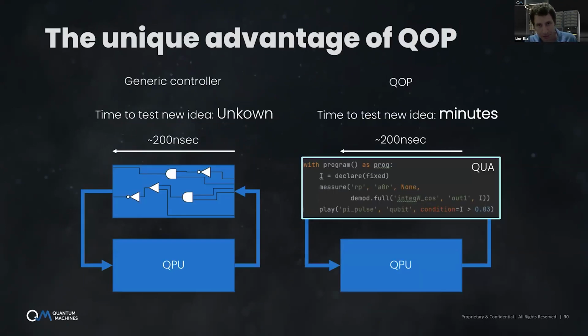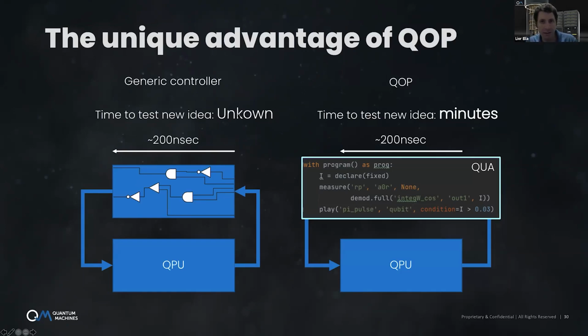And here we have with a quantum orchestration platform a unique advantage, because if you have a generic controller where the feedback operations are very limited, or alternatively, you need to come up with your own FPGA code in order to do a more complicated feedback sequence, then if you run the experiment in the lab and you have a problem, the time you have to test a new idea on how to solve this problem is really unknown.